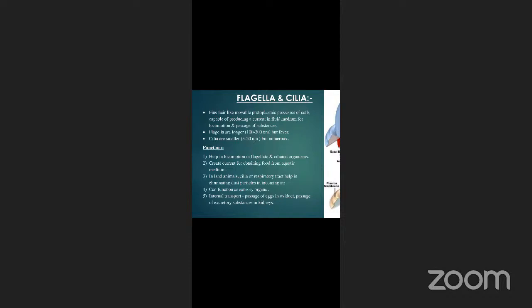So what are the functions? They help in locomotion in flagellate and ciliated organisms. They create a current for obtaining food from the aquatic medium, so aquatic organisms like microorganisms get their food.